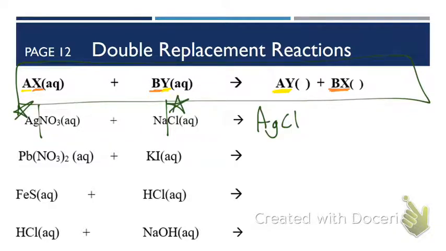That's just AgCl. And now, when I write out that second compound, I'm going to take the B part, so Na, and put it with NO3. Taking Na and putting it with NO3.